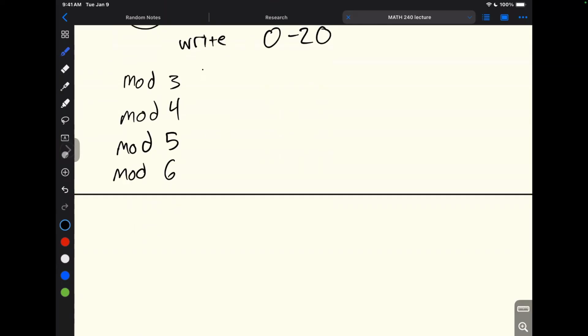So we'll have 1, 2, 3, 4, 5, 6, 7, 8, 9, 10. I'll go up to maybe 11 or 12.